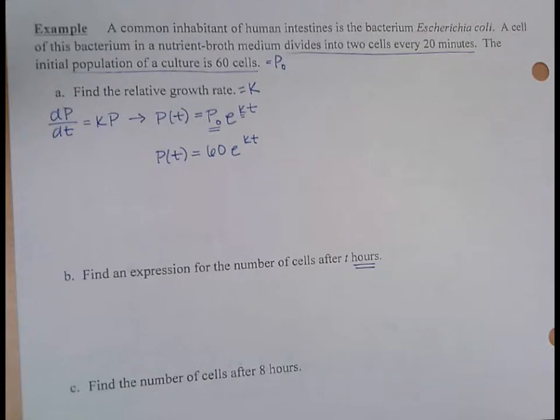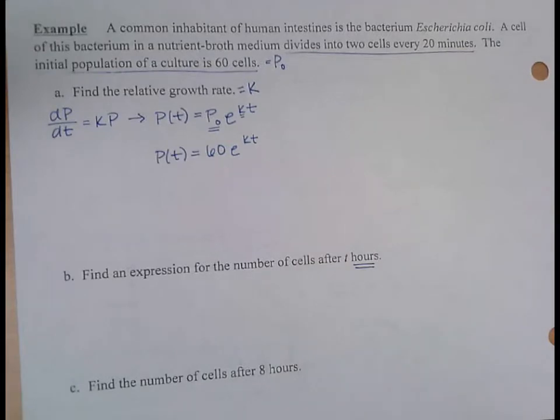And then there needs to be some way that I can use this equation to find k. And I am given in the initial problem that 1 cell divides into 2 every 20 minutes.